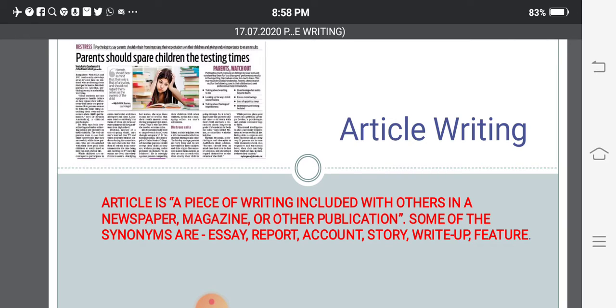definition of article. What is an article? An article is a piece of writing included with others in a newspaper, magazine or other publication. Some of the synonyms are essay, report, account, story, write-up, feature. Though these are synonyms, I would like to underline that each of these write-ups has its different features.